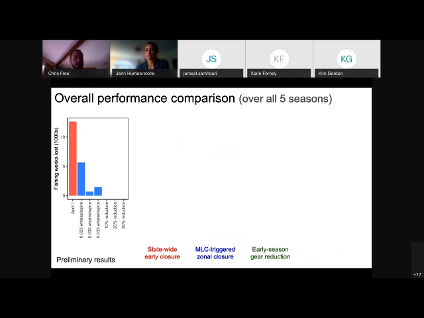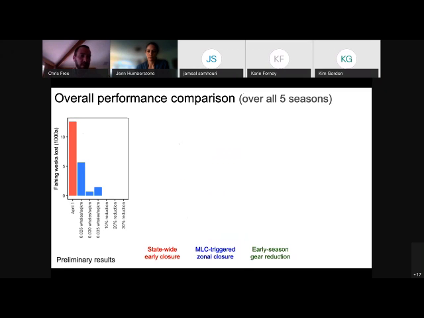So I just wanted to go into some of our preliminary results and see how these different management strategies perform across our different performance metrics of fishing weeks lost, catch lost, number of trap whale encounters, and then the number of entanglements.